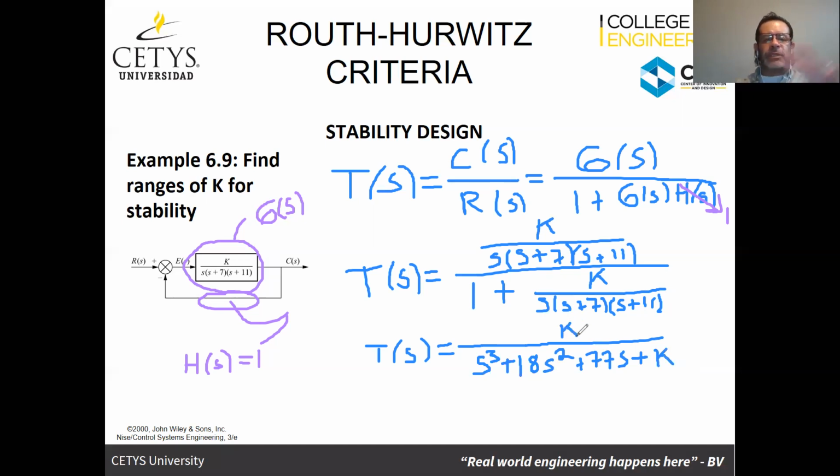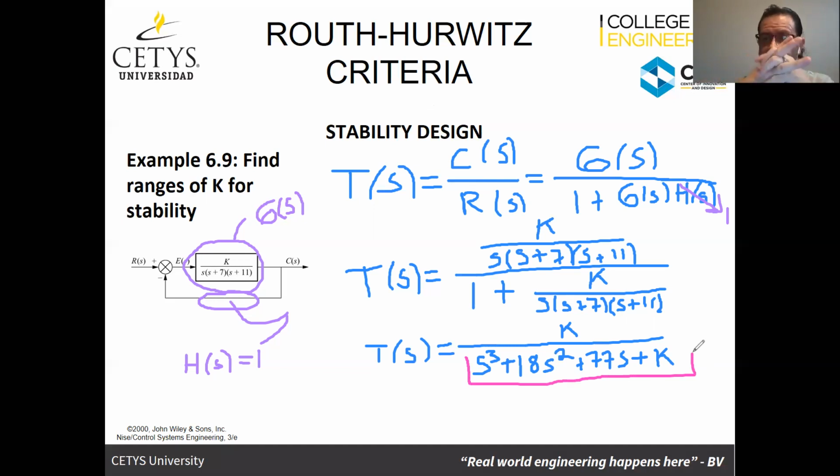So now we've got the complete transfer function for the system. And this that we've got here on the bottom, this is going to be our characteristic equation. This is the one that's going to define the system behavior. And notice that this expression has a k in it.